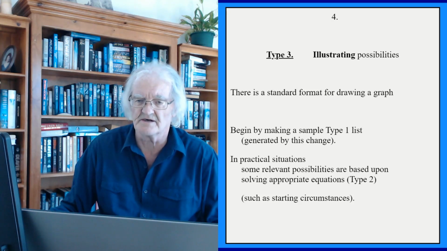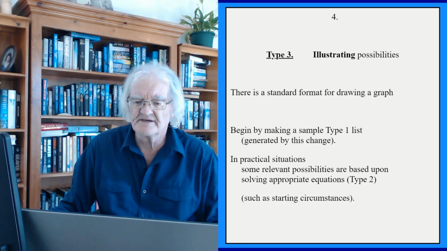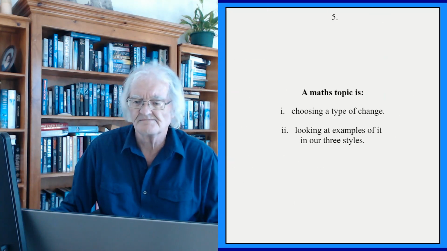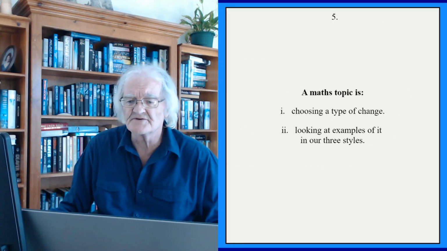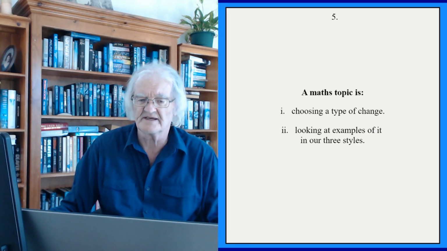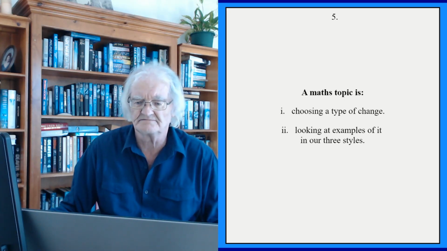In other words, type 2. These might be starting circumstances, for example. A maths topic is choosing a type of change and looking at examples of it in our 3 styles.